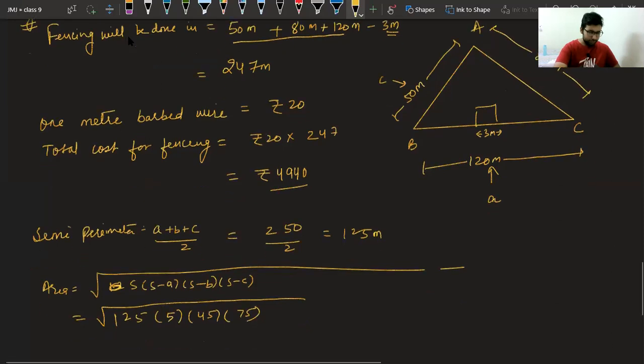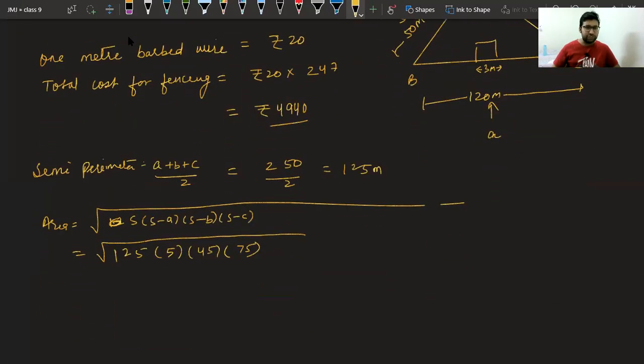Now let's factorize this further. No need to multiply. We all know 125 can be written as, class, please help fast. 125 can be written as 5 cube. Very good. So 5 into 5 into 5. So 125 is done. Put a dash over it. Then we have a 5. Dash over it.